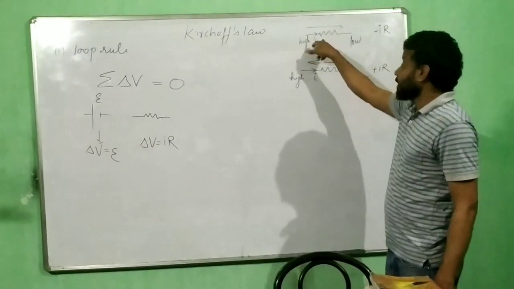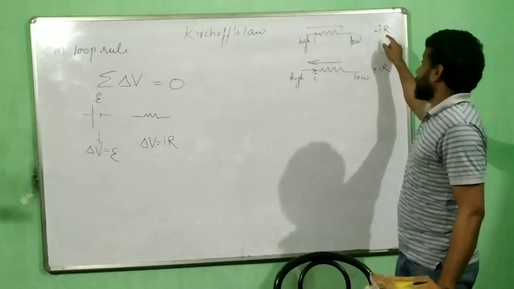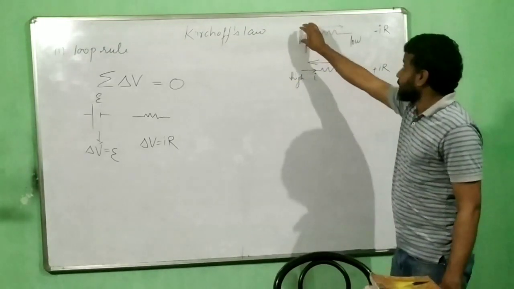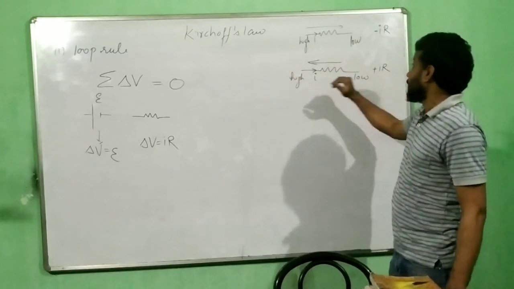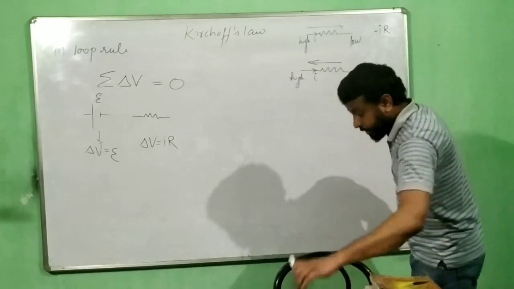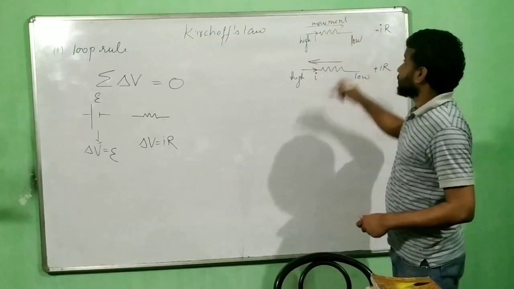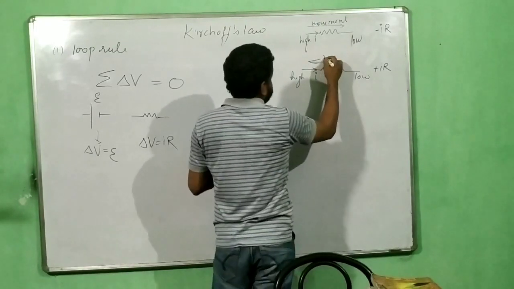When you are going in the direction of current, that is the downstream, minus IR. This is your upstream, plus IR. So when you move in the direction of current, negative. When you move in the opposite direction of current, positive. Okay? So this is your movement, how you are moving.